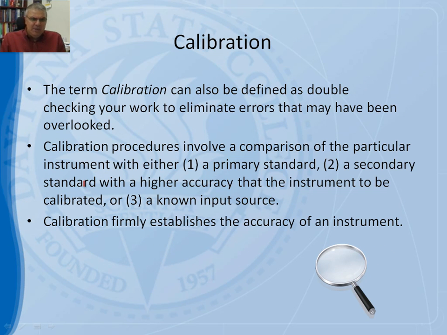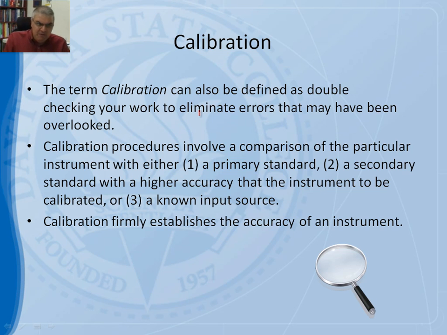The term calibration can also be defined as double checking your work to eliminate errors that may have been overlooked. In simple terms, this could also be used for calibrating equipment, and that is to check them against the known values, make sure that the measurements are correct and the device is working properly.